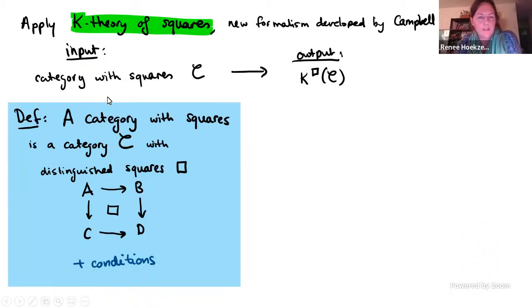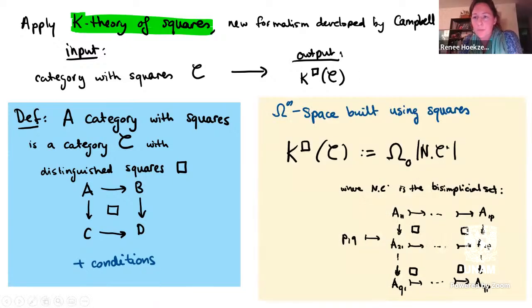A category with squares is a category that has certain commuting squares, which I identify as being distinguished. Certain squares are supposed to always be there, and I have certain conditions on how I can compose these that I won't go into. And the output is an infinite loop space that is built using these squares.